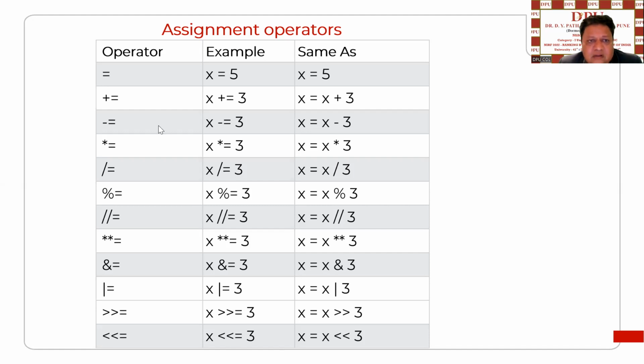For all operators except the equal to sign, we have the compound assignment. That is for plus, minus, multiplication, division, modulus, floor division, exponentiation, for the and, for the or, for the bitwise right shift, bitwise left shift as well.